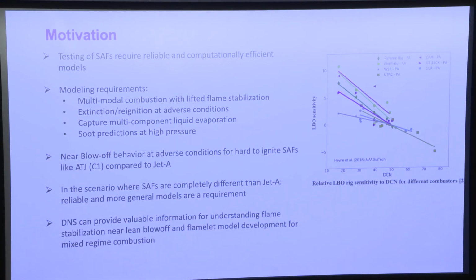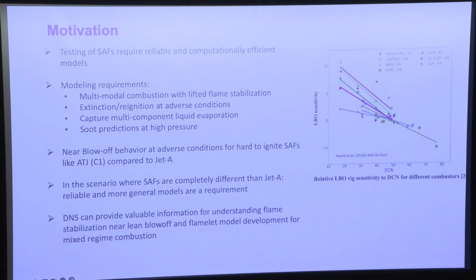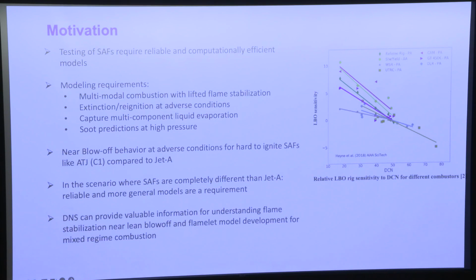Some of the conditions we're testing are near lean blow-off conditions, and prior to lean blow-off occurring, you might have substantial amounts of localized extinction and reignition under these adverse conditions, and depending on which alternative SAF fuel you're using, you could see more or less localized extinction, and it may be more resilient to lean blow-off.